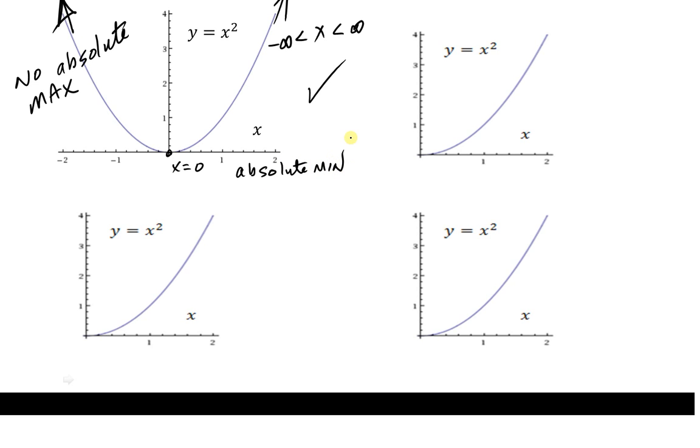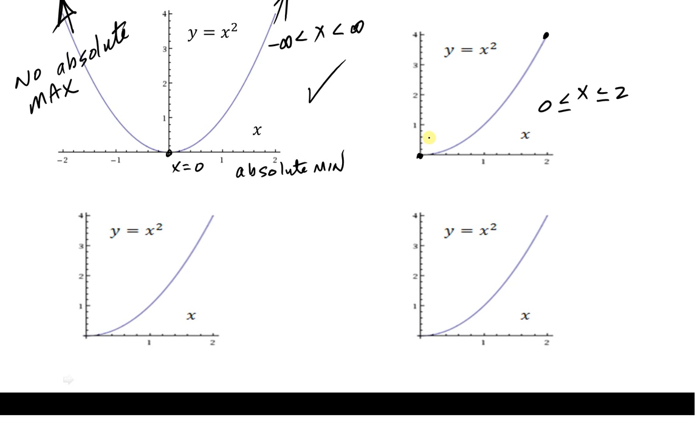Now suppose we take essentially the same function but with a different domain, and let the domain be between 0 and 2, including the endpoints. That means you can put filled in dots at these endpoints because these points are on the graph.